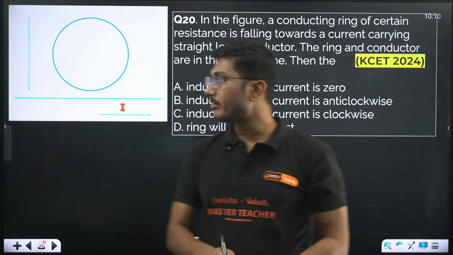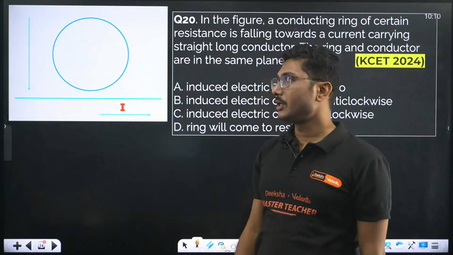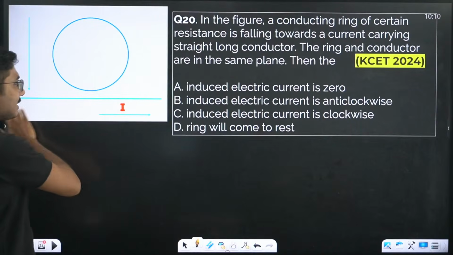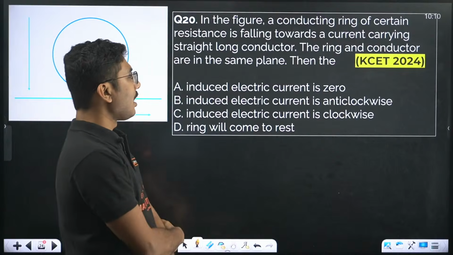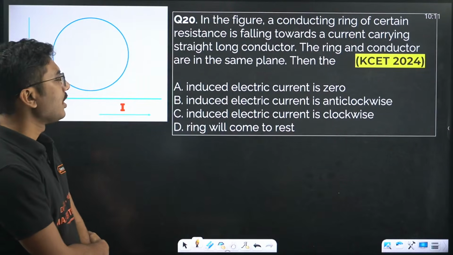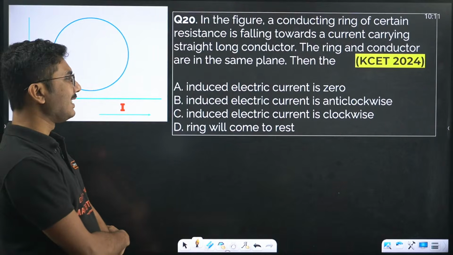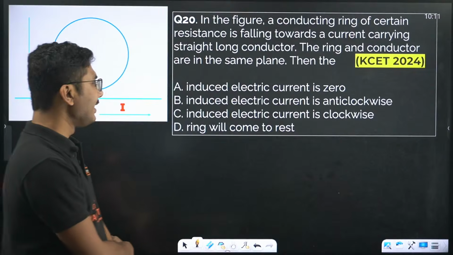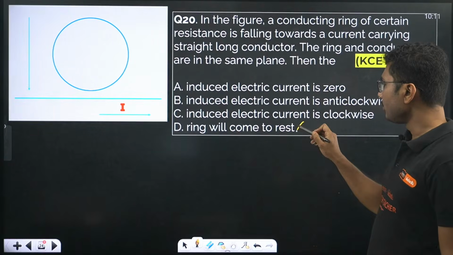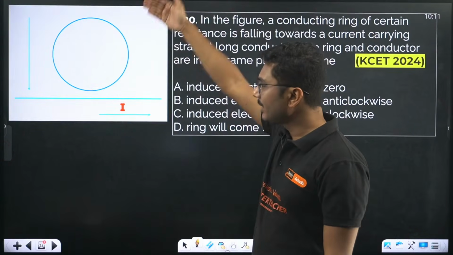So here we have a current carrying wire, and a ring is falling towards it. The options are: the induced electric current is 0, the induced electric current is anti-clockwise, the induced electric current is clockwise, or the ring will come to rest. Obviously the last is wrong, the ring will not come to rest because of gravity. Because of gravity, the ring will keep on falling till this wire.